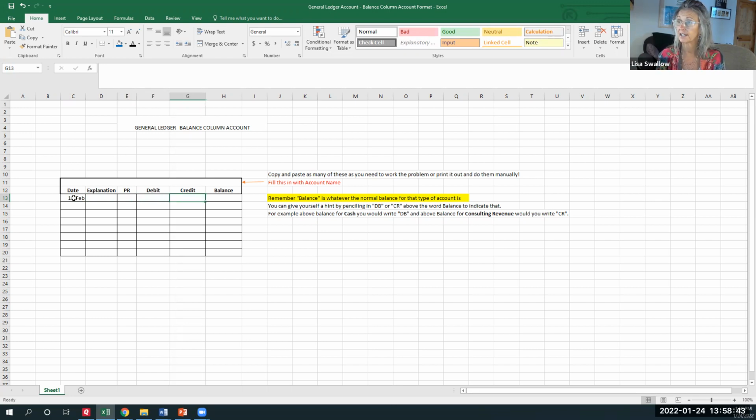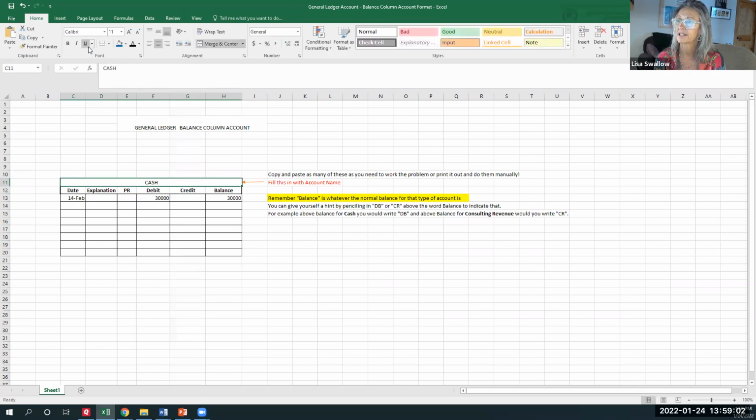So first, I put in cash of 30,000. So that ends up with a balance of 30,000. You have to put the name of the account, obviously.